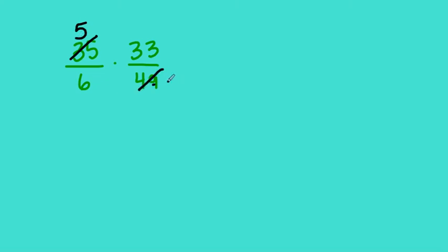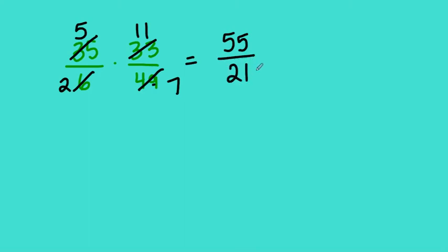This by 7, I'll get 7. I also notice that 6 and 33 have a common factor of 3. So 3 goes into 6 2 times, 3 goes into 33 11 times. Then it's a little bit easier to multiply. Now I just multiply across and I get 55 over 21.